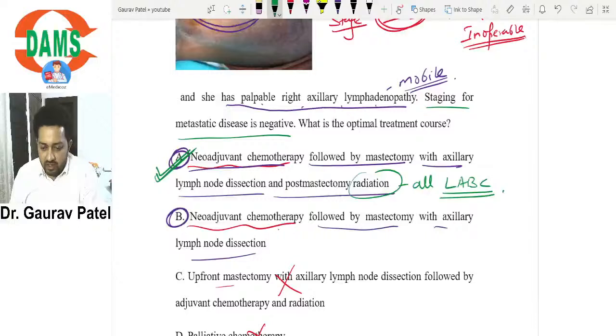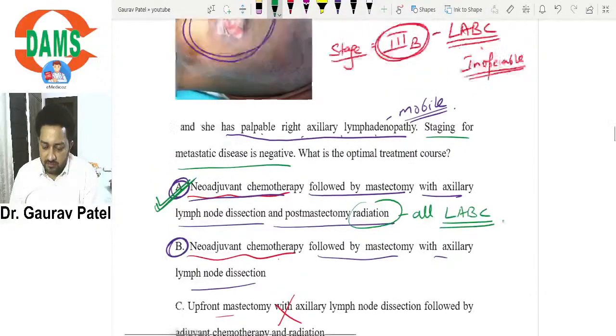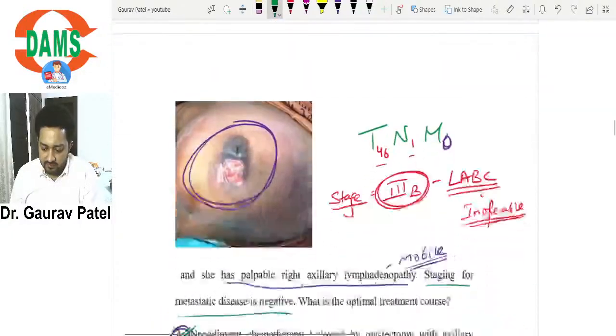Yes, Umesh, you are correct. But what about radiation? Radiation you have to give. Radiation we need to give to the patient. Okay, so yes, A is the correct answer.